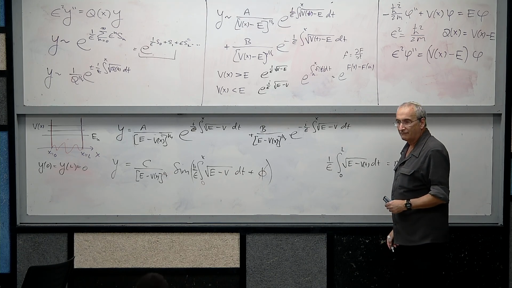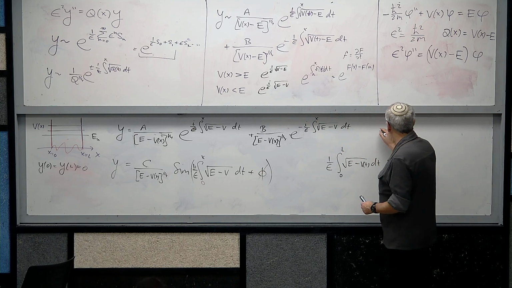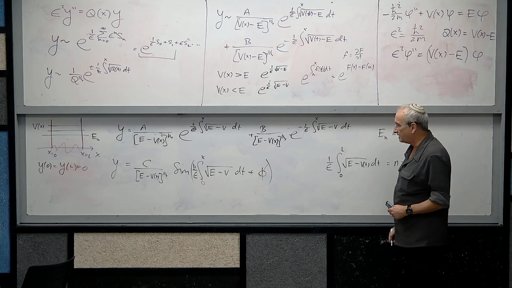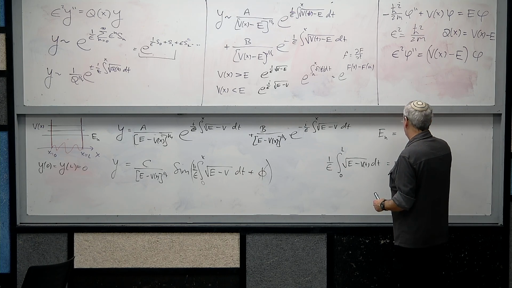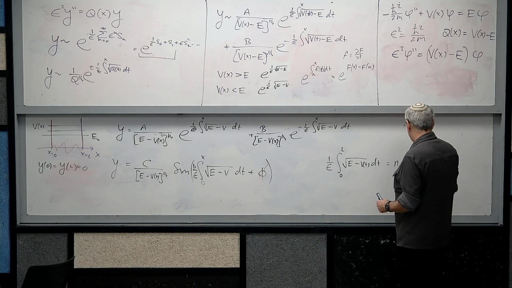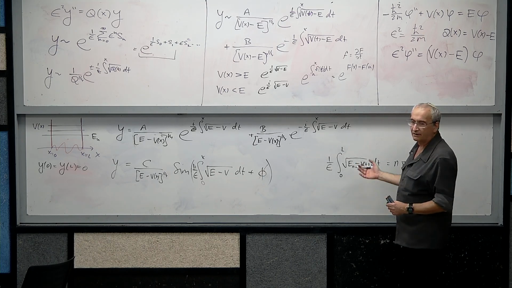Which means that we have a general solution for E, the eigenenergies of this quantum system. What do I need? I can call this En, and now I have to integrate.